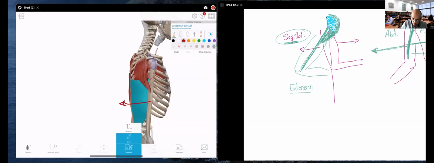My arm is going to be pulled backward because the muscle travels forward to the front. So when it contracts, it's going to be pulling the arm to move backwards. So moving the arm backwards, what did we call this again? I need all of you to respond to this. This is critical.